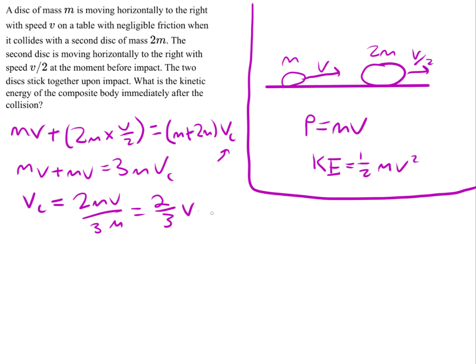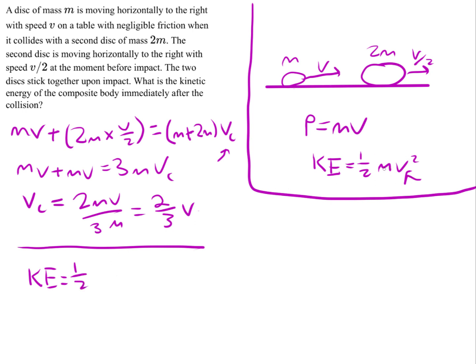And now we need to plug this value into the formula for kinetic energy. We know the mass, and now we can plug in the velocity in terms of the first disk. So the kinetic energy is equal to 1/2 of the total mass.